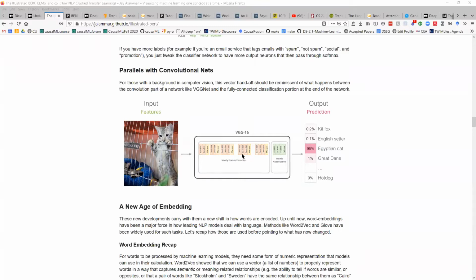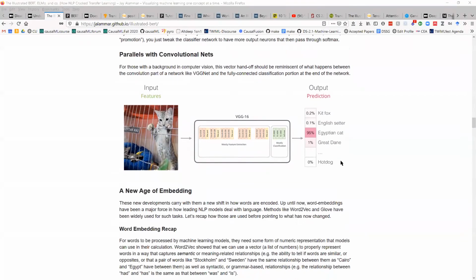We had a bunch of CNN layers, and at the end of that, it had an output with the number of classes that we wanted to classify. So if we wanted to classify 37 dog breeds, we'd have to have an output with 37 elements in it, and then that would go through a softmax, and then it would give a classification scheme.